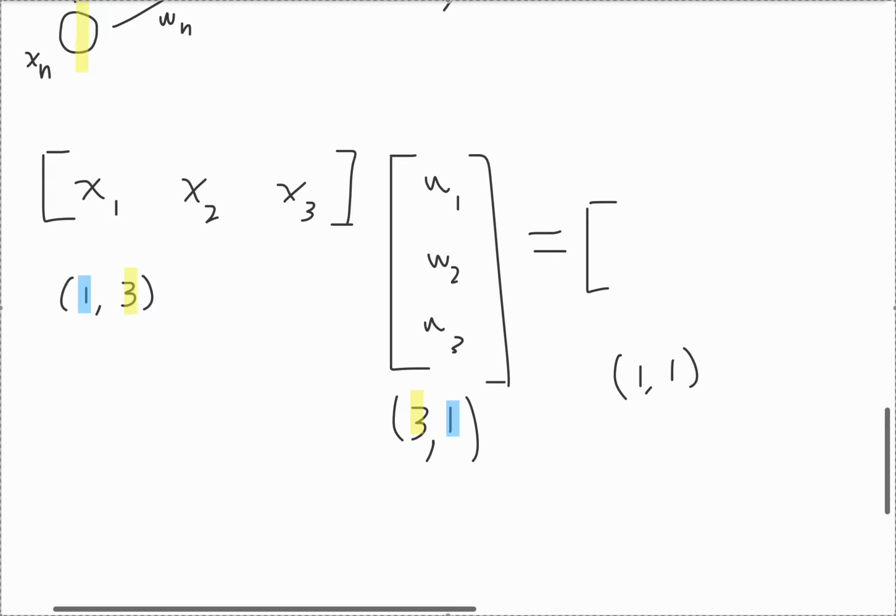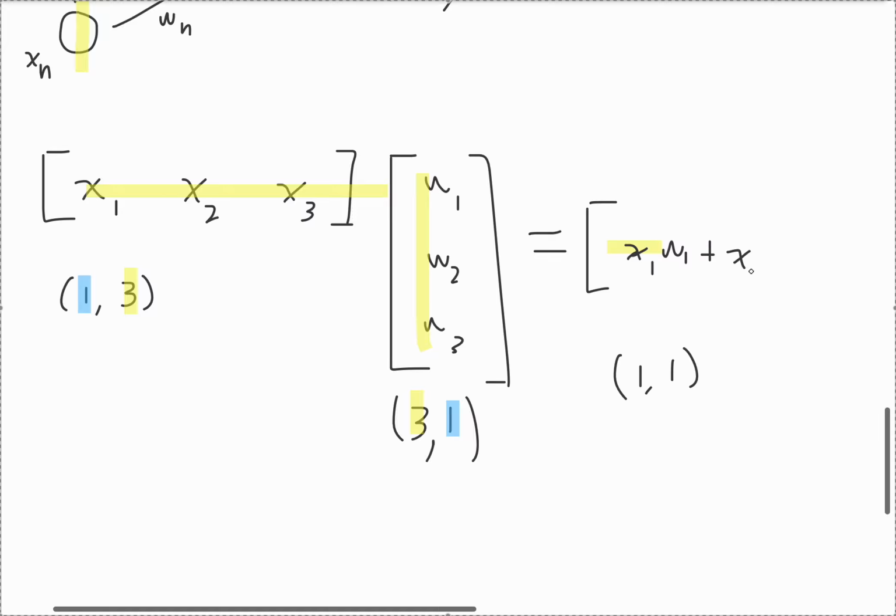We're going to take this and this, and multiply the corresponding parts: x1 times weight 1 plus x2 times weight 2 plus x3 times weight 3. I think you can see where this is going.